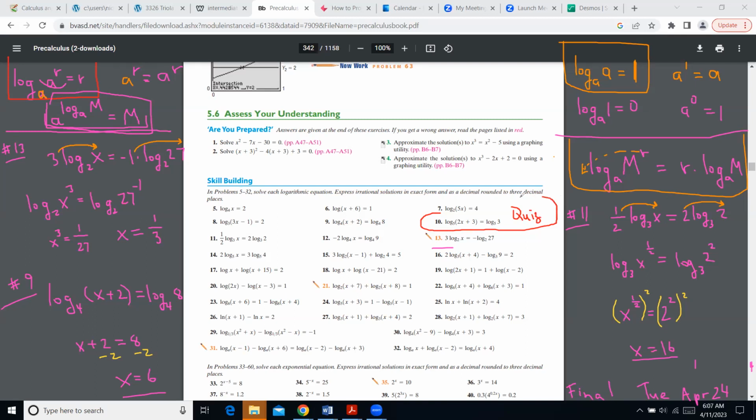You have a logarithm on one side and a logarithm on the other side, so you can just throw them away and tell me what x is going to be equal to in this case. And well, then this is our quiz for today. So once you're done, you can log out and enjoy the rest of the day.